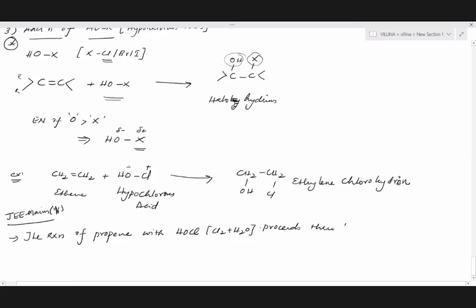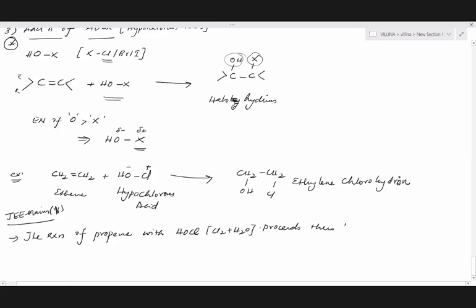So what happens in this particular HOX molecule: the electronegativity of the oxygen atom is greater than that of the halogens. Why? Because we are not starting with fluorine, we are starting with chlorine, bromine, and iodine. So the electronegativity of oxygen will be more.